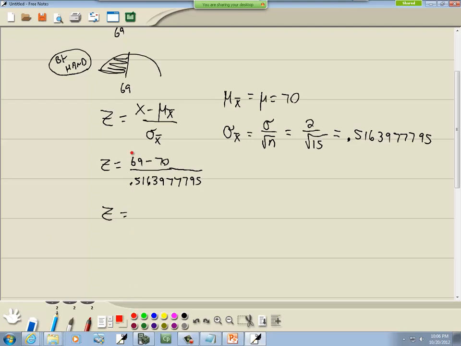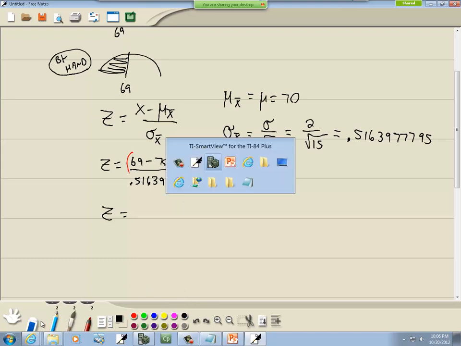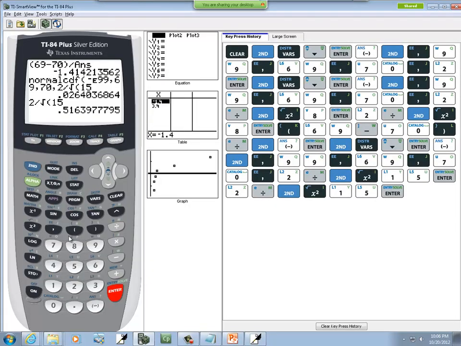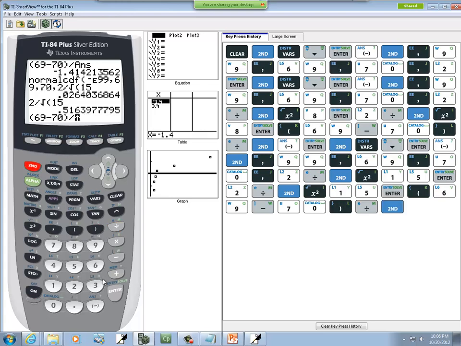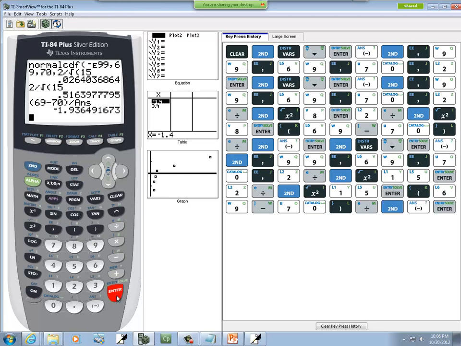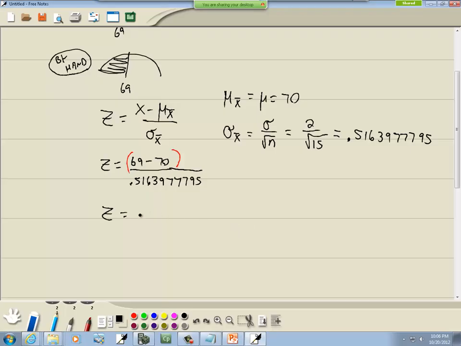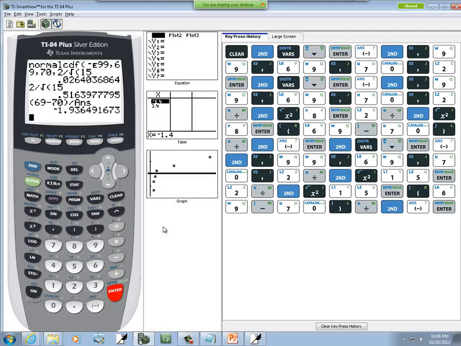Again, the key to putting these in your calculator is to put parentheses around the top, because we've got more than a single number up there. So I'll do beginning parentheses 69 minus 70, closing parentheses divided by, and this number here is my previous answer, so again I can do a second negative to bring up the previous answer. Then enter. And I'll take this to 2 decimal places. We've got negative 1.94.